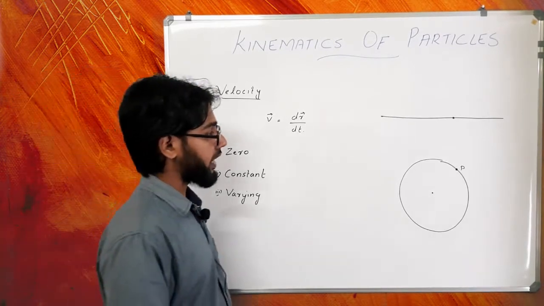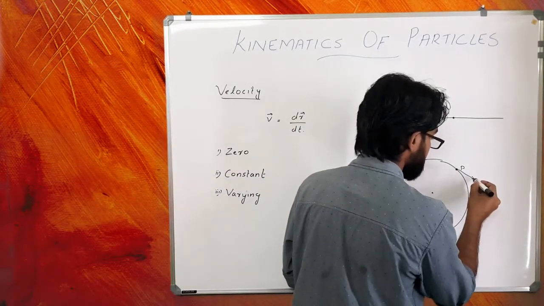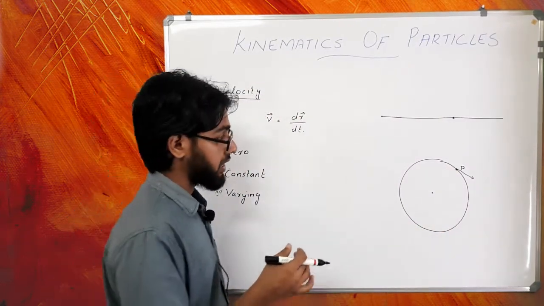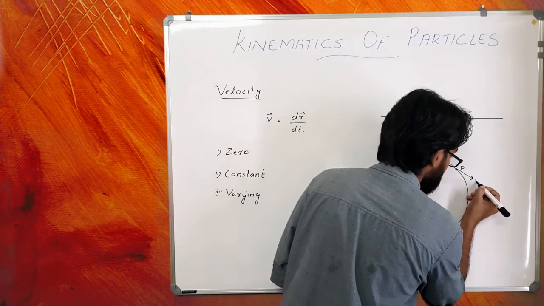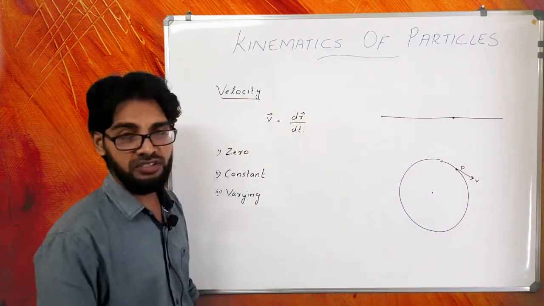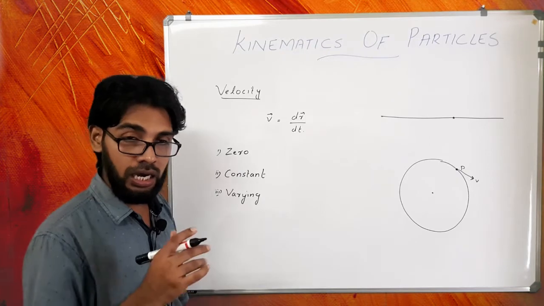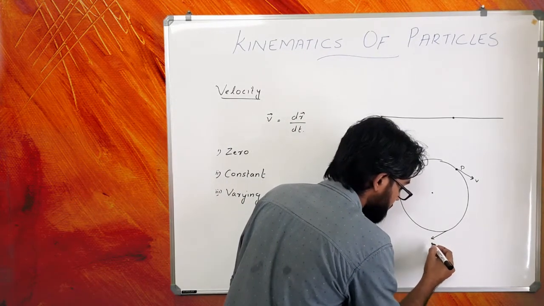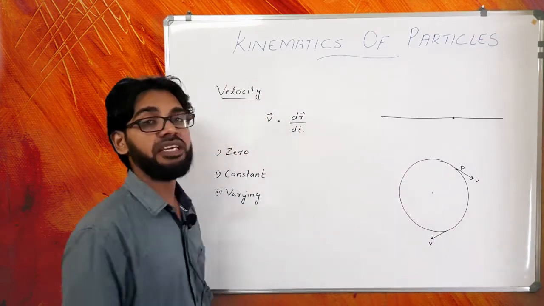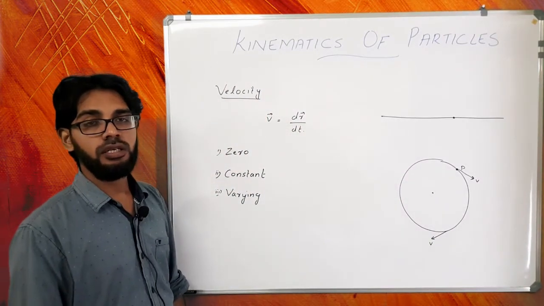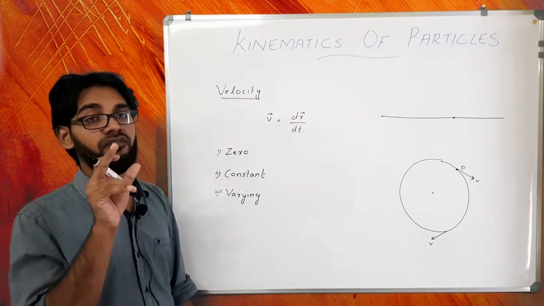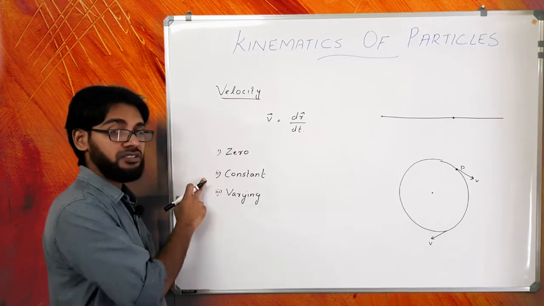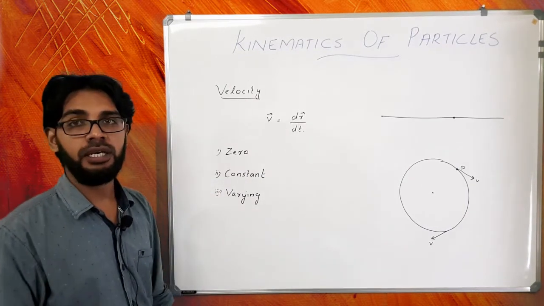In this case, since the rotation RPM is constant, the magnitude of velocity will remain constant. However, the direction keeps on changing at each and every instant. So you have to remember that velocity is a vector that can either be zero, it can be constant, or it can be varying.